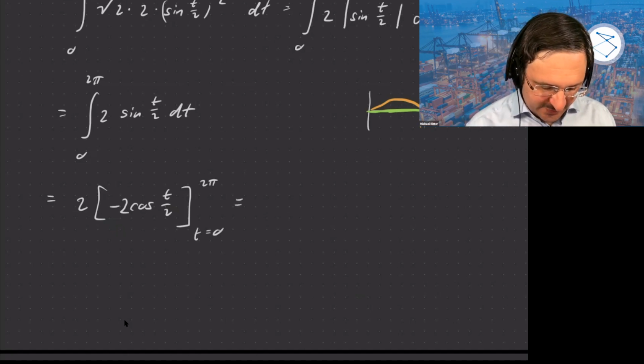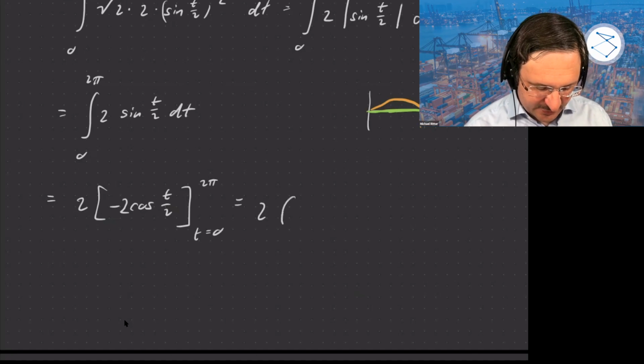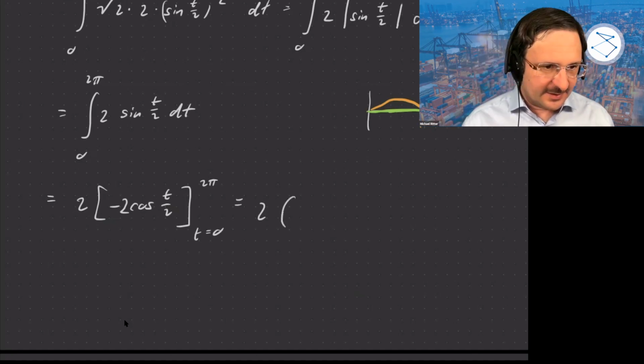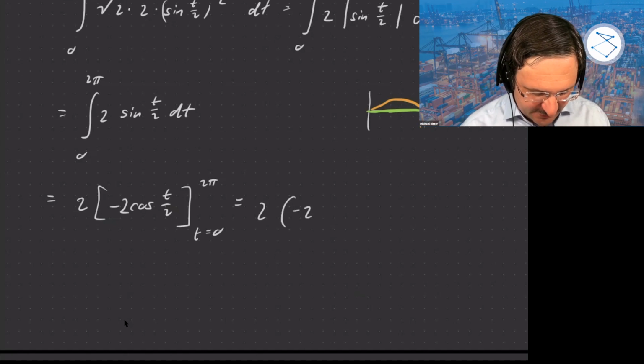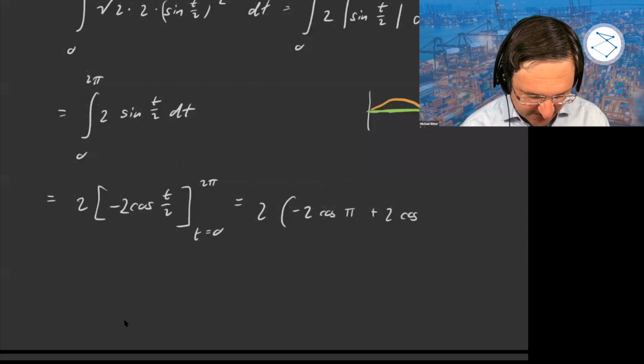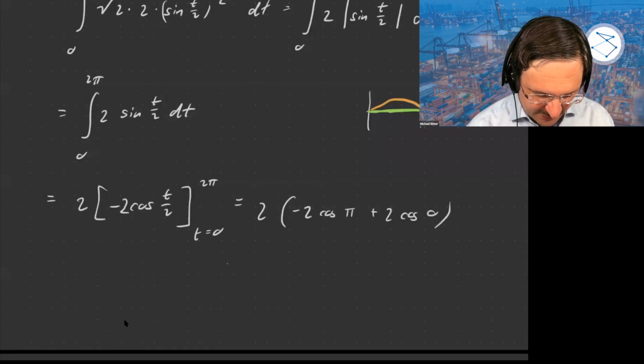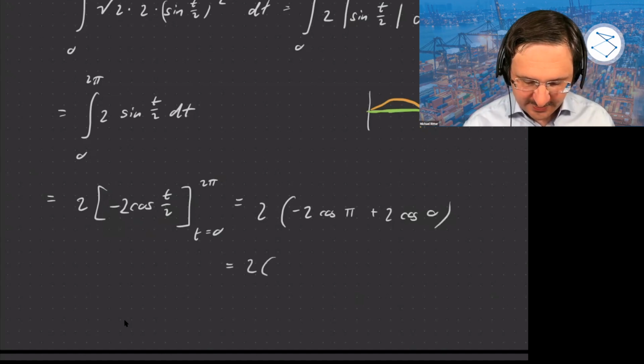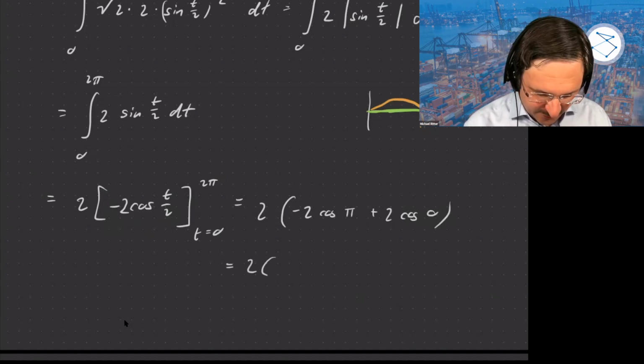And then we're almost done. So this means what we have is 2 times, now let's see, minus 2 times the cosine of 2 pi over 2, that's pi, minus minus 2, so that's plus 2 cosine of 0. And that means we get 2 times, well, the cosine of pi. Quick sketch of the cosine here again.